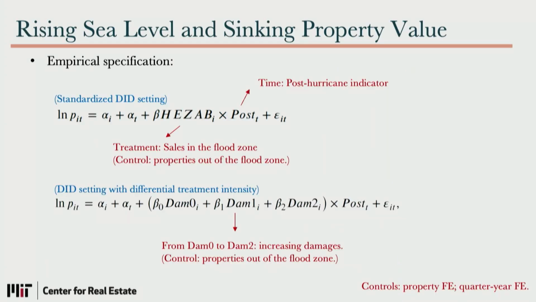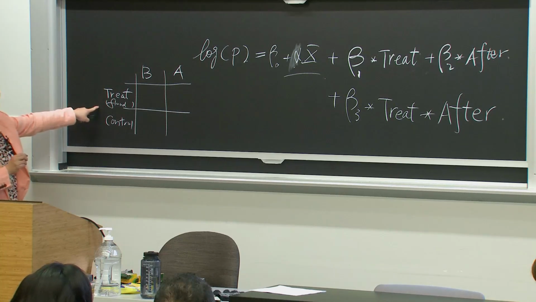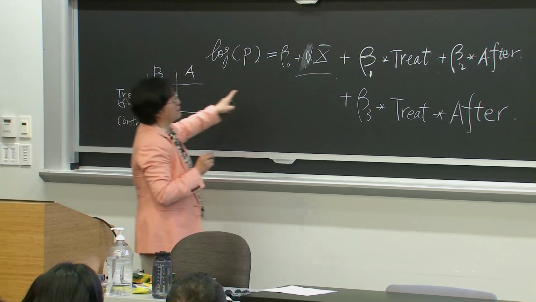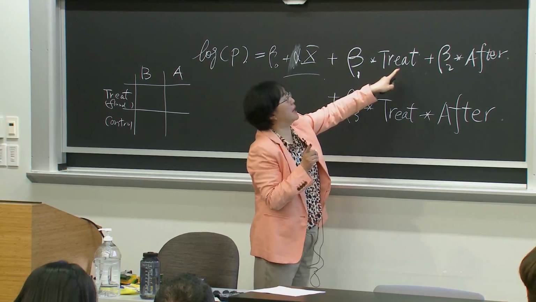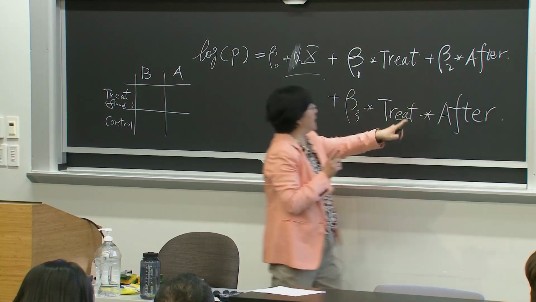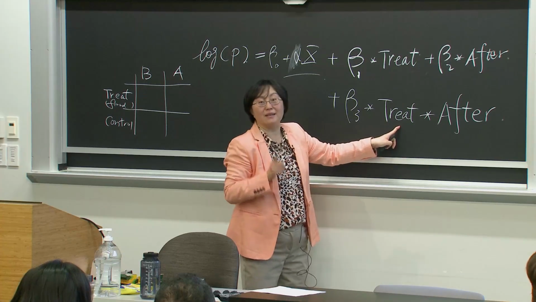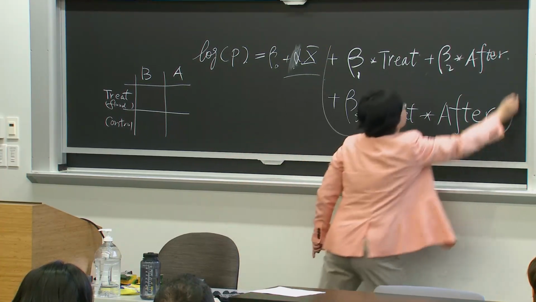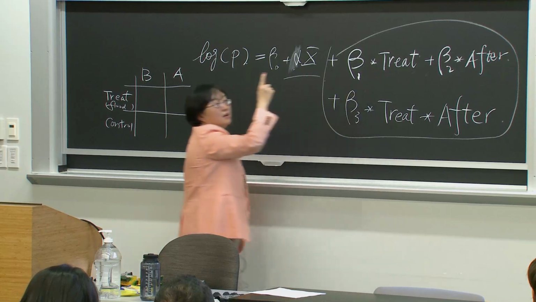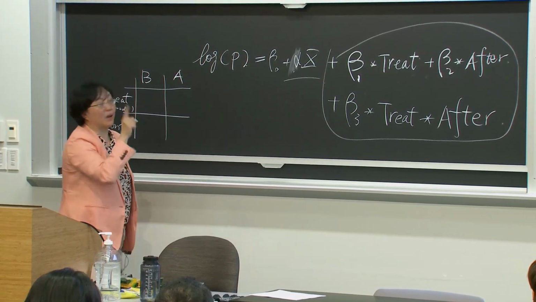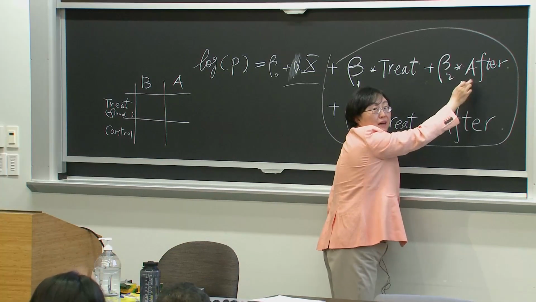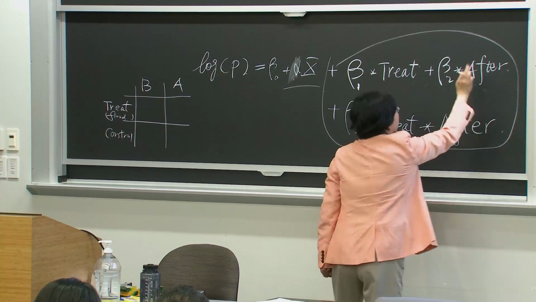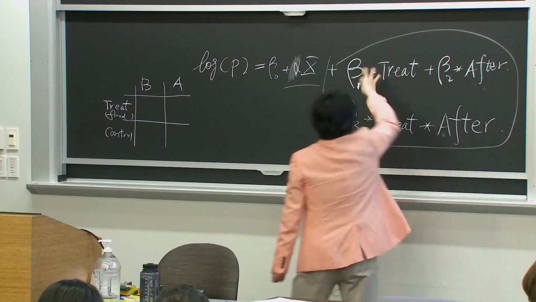Now when you look at the equation, say treat, flood zone, before. Then treat is a dummy, 1, and after is 0. For this cell, the only coefficient that survives is beta 1, because before, after is 0. After is the dummy that is only 1 after. So it's beta 1.